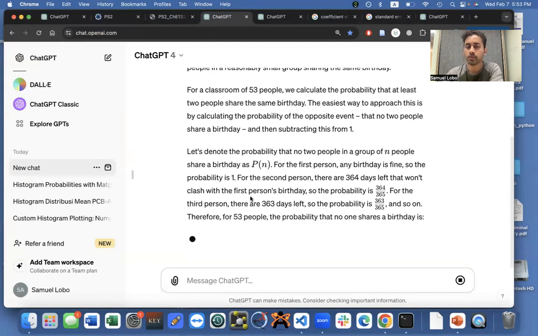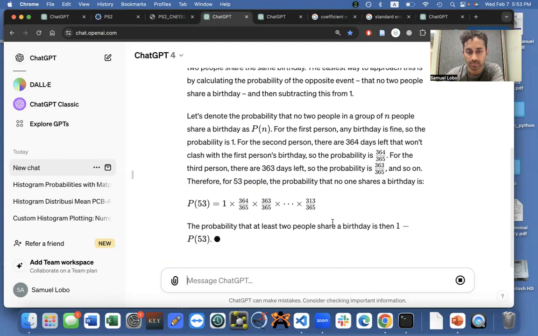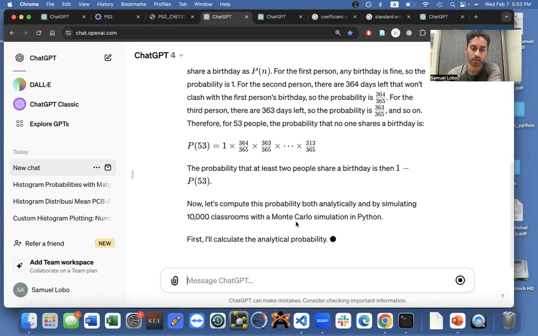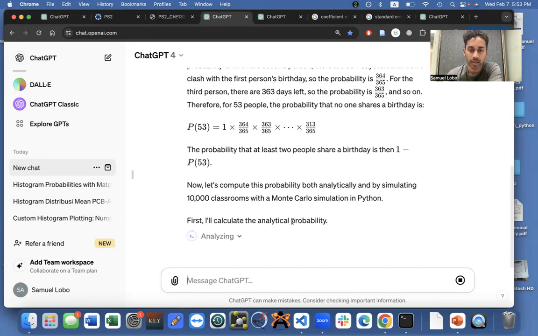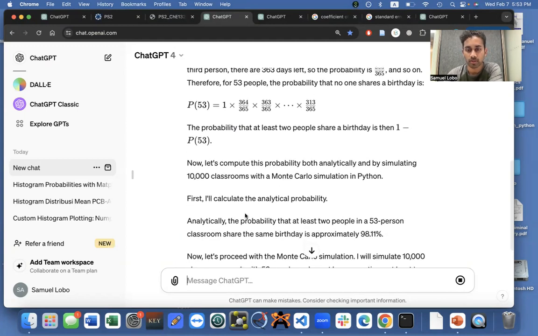So yeah, we went over this solution in class, this birthday problem. We calculated these factorials and came up with an analytical solution. But there's an alternative way to solve this. Instead of analytically figuring out these probabilities, we could simulate 10,000 classrooms using a Monte Carlo simulation.